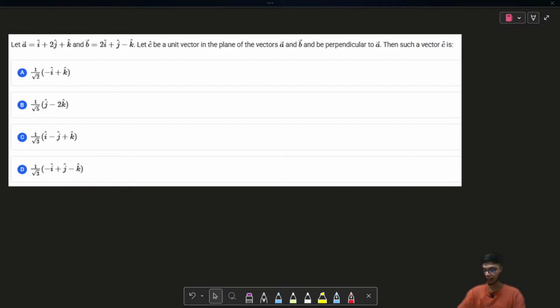Another very important thing to note is that we have already finished the chapter of vector algebra. So if you are new to this platform, I would request you to please go back and watch all the content taken so far on vector algebra, because without the basics you won't be able to solve these kinds of questions.